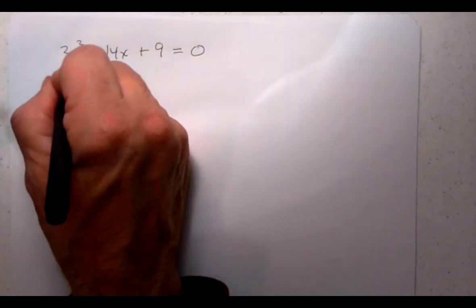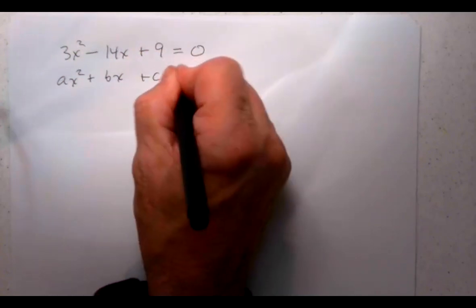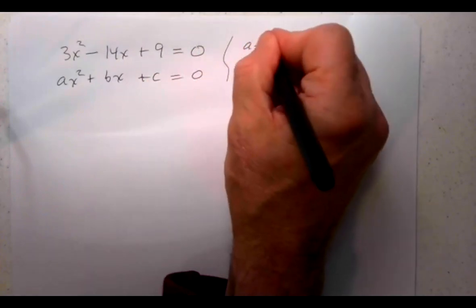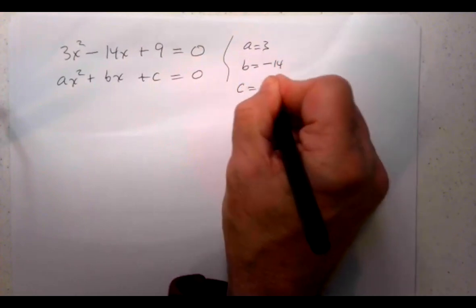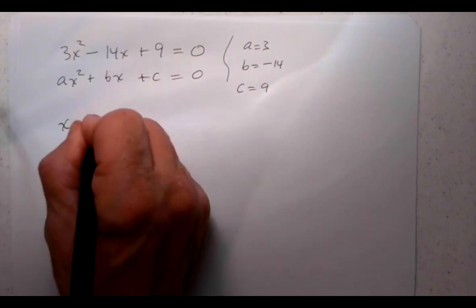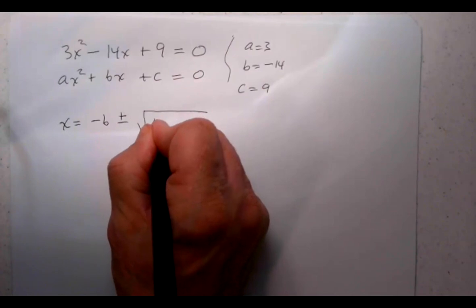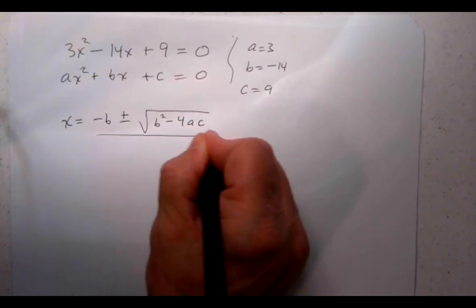Remember, we're using the quadratic formula, ax squared plus bx plus c equals 0. A is 3, b is negative 14, and c is 9. x equals negative b plus or minus the square root of b squared minus 4ac all over 2a.